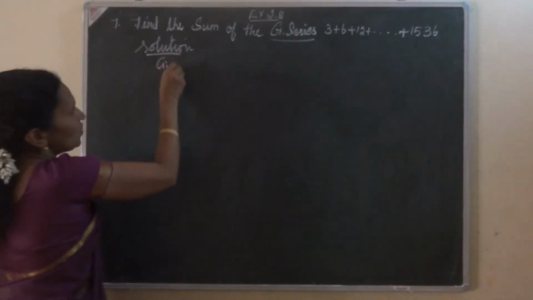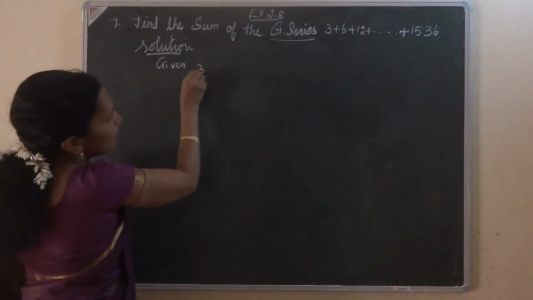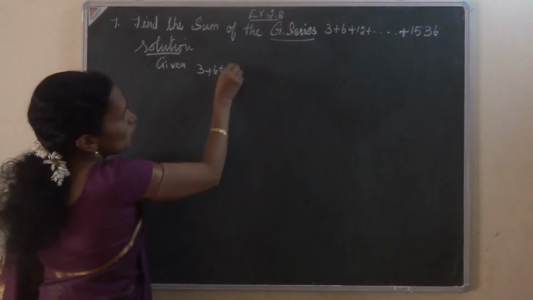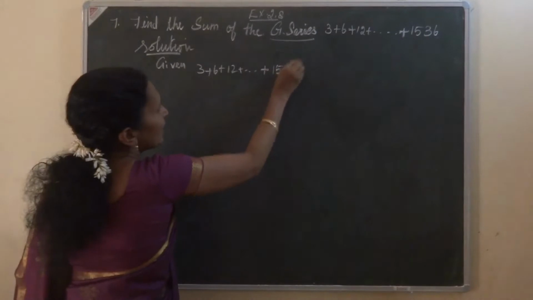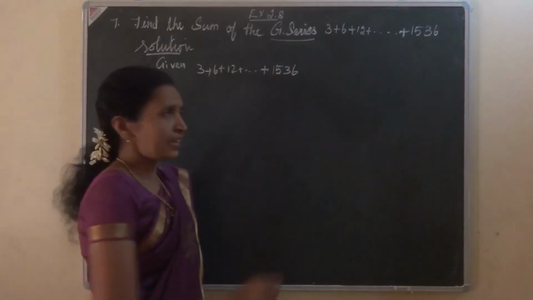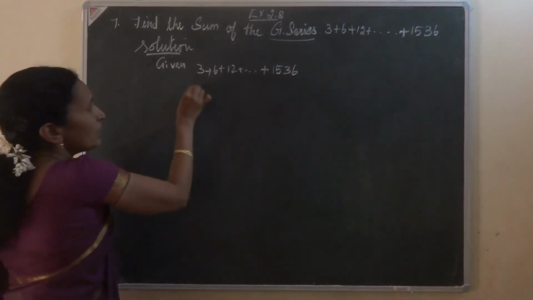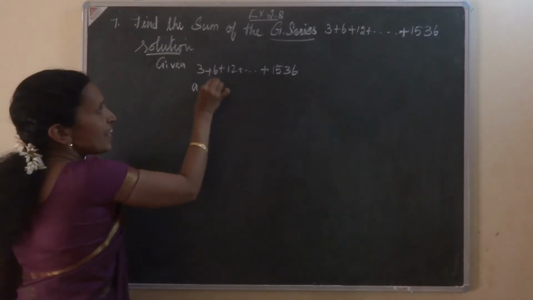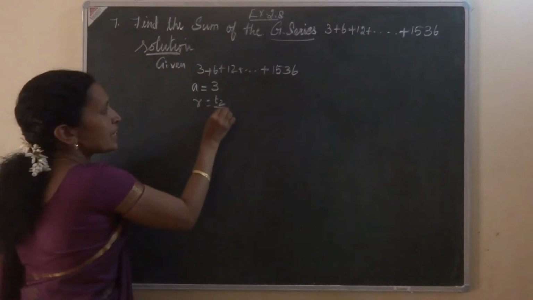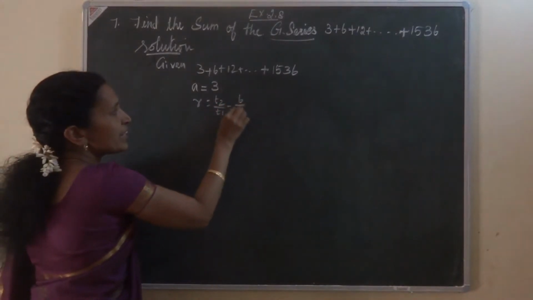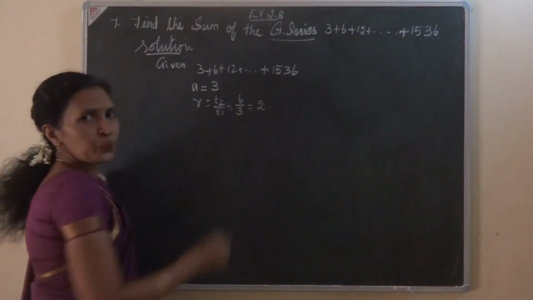Given series: 3 plus 6 plus 12 plus etc. plus 1536. From here, what's the value of A? A is 3. R is T2 by T1, that is 6 by 3, that is 2.